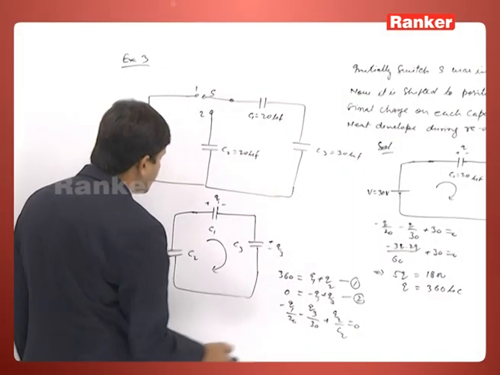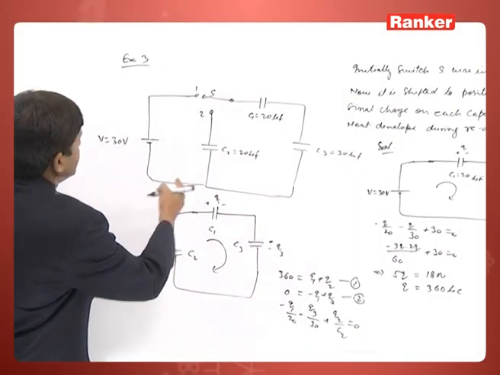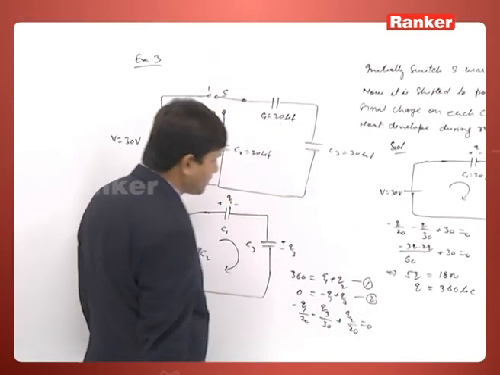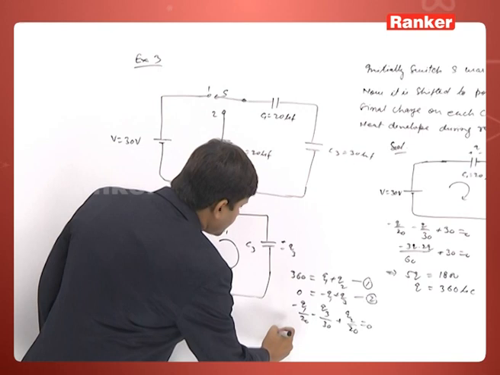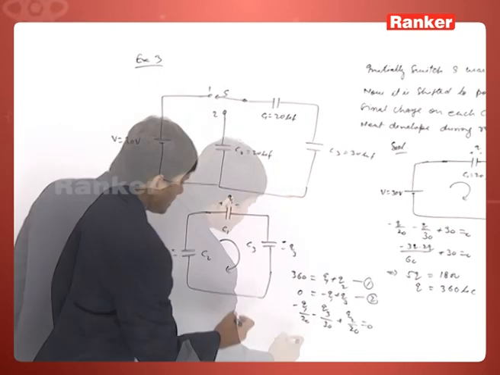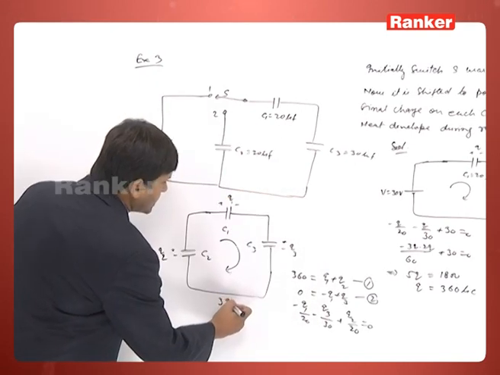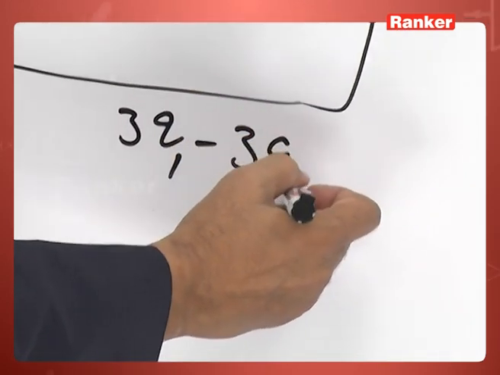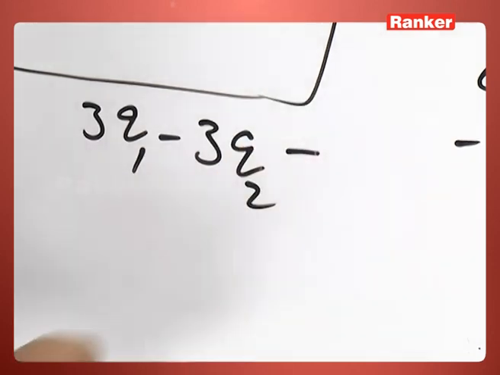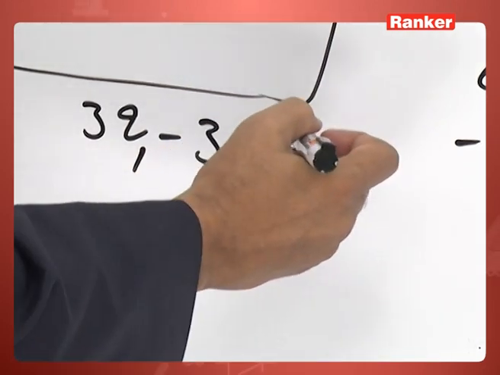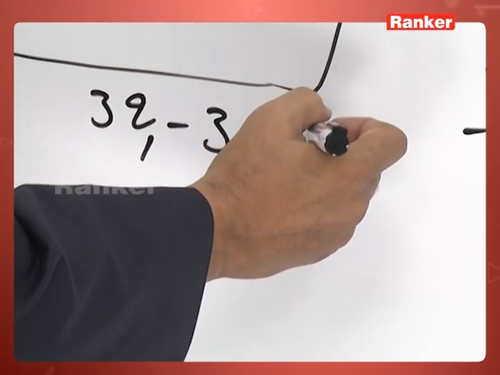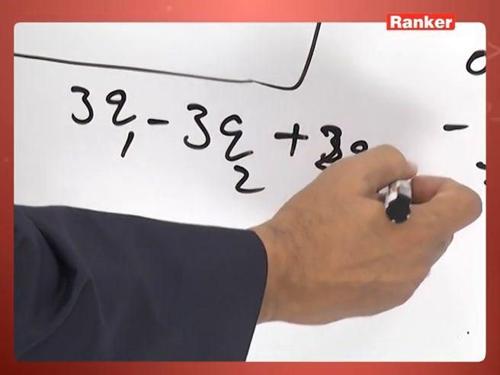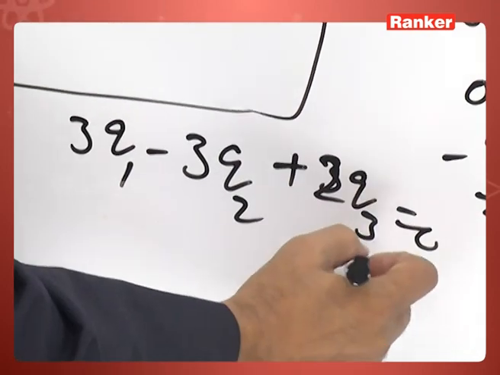And the C2 value we can substitute here, that is given as 20 microfarad. So finally we will have the third equation like this: 3Q1 minus 3Q2 plus 2Q3 is 0. This is your third equation.